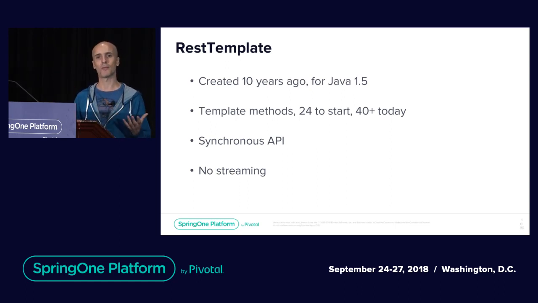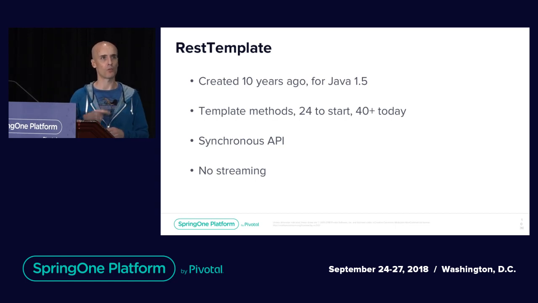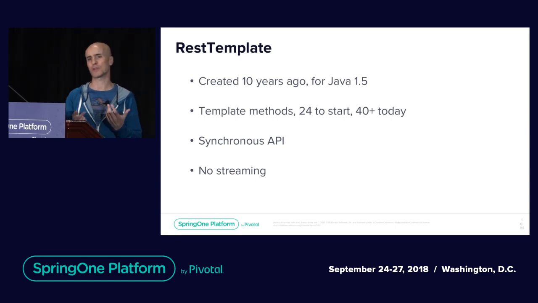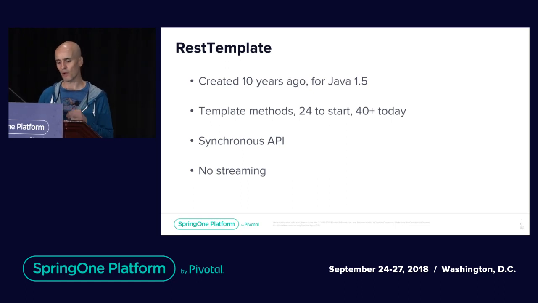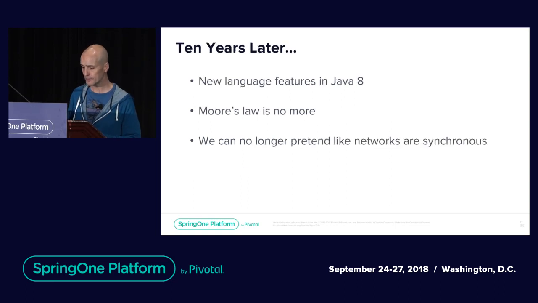And it wasn't very common to do very high concurrency scenarios. There's also no streaming. It's possible to do streaming with the RestTemplate in one direction, but not both. But it's not easy, and it's pretty low level. You're basically streaming the bytes. It's not something it was built for originally.